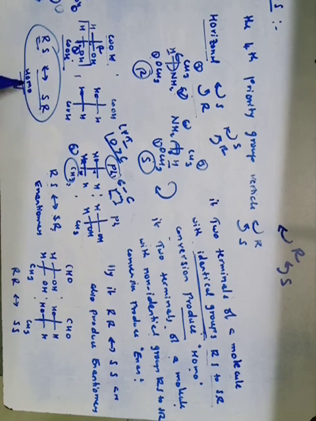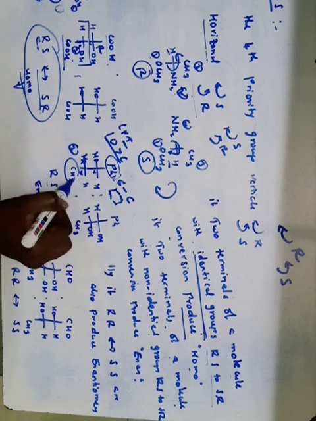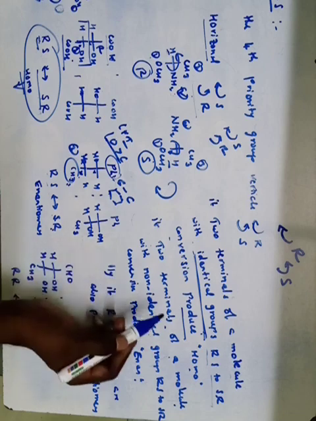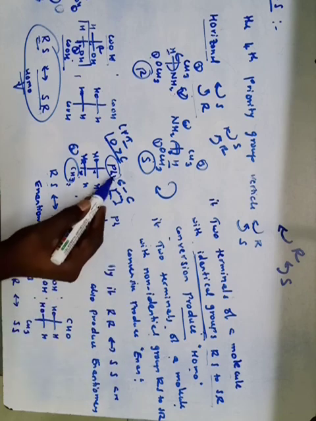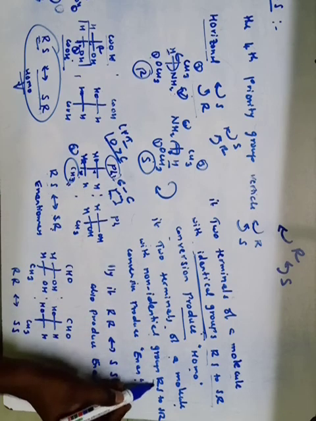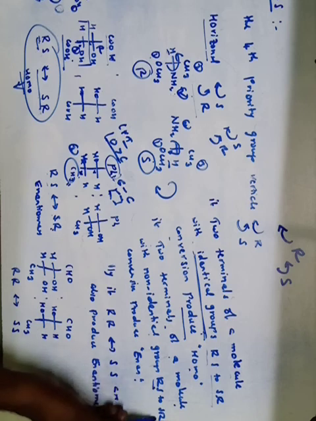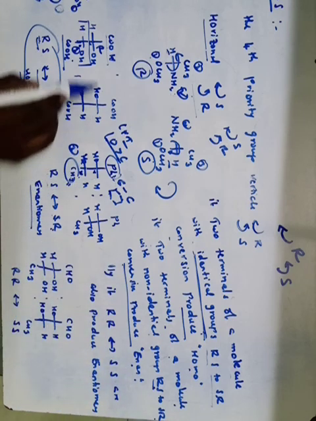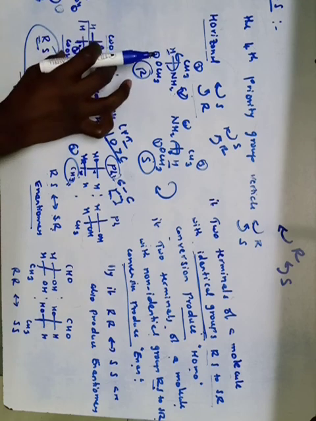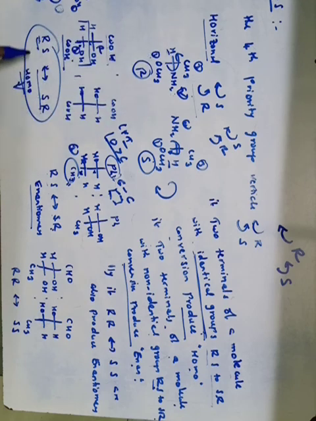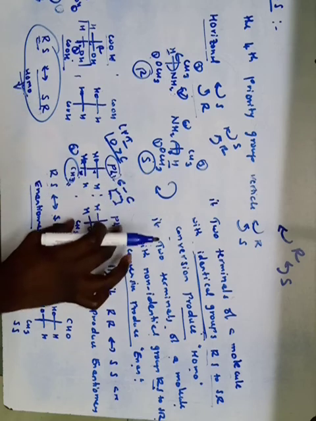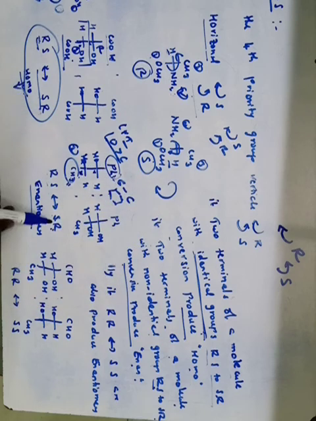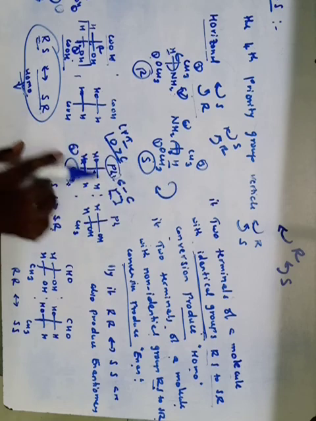Similarly, if non-identical groups are there, RS to SR conversion produces enantiomers. You have to remember, if identical groups are present, then RS to SR is a homomer. If non-identical groups are present, RS to SR is enantiomers. You have to remember these two points.